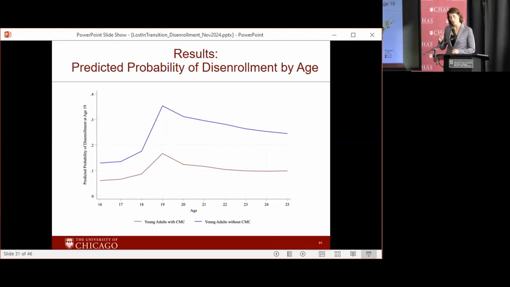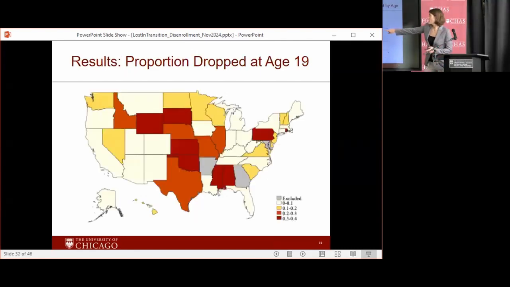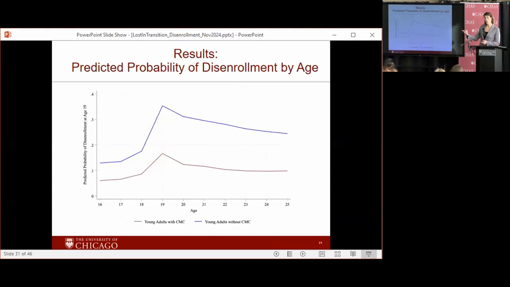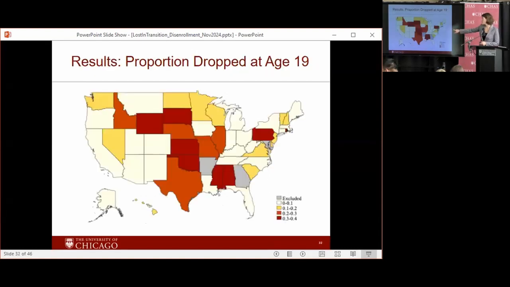Okay, so this map shows you this spike at age 19. We generated those beta coefficients for each age and for each state. So this is the beta coefficient on age 19 for each state, color-coded. What we interpret that as is the probability of disenrollment at age 19 in each state.